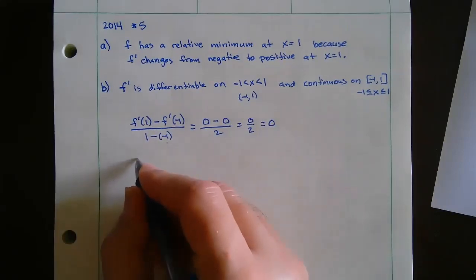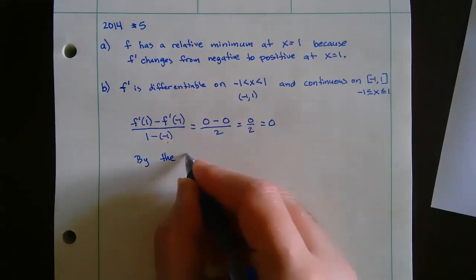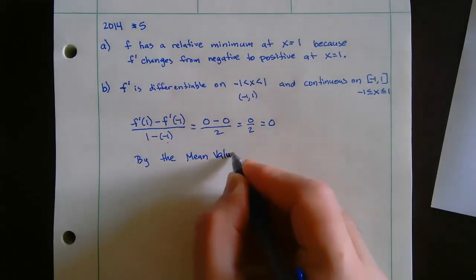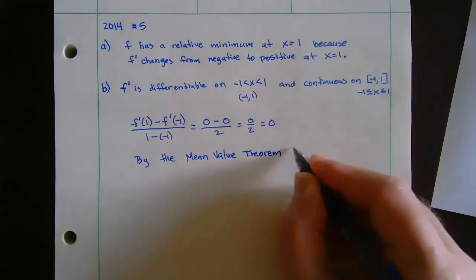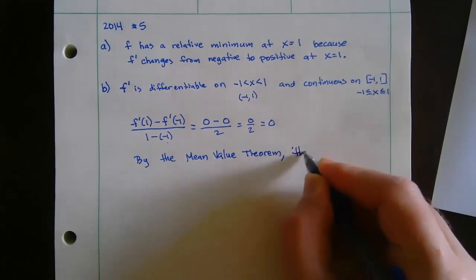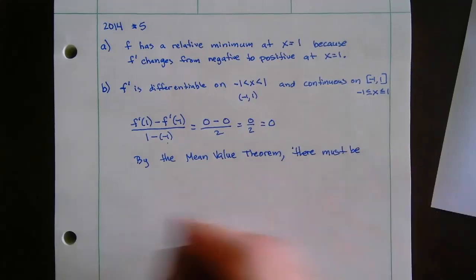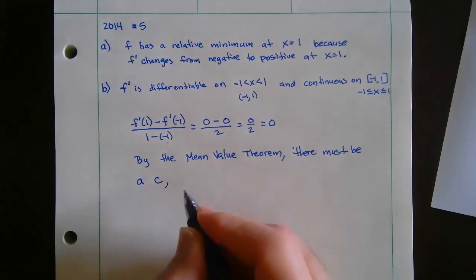And then by the mean value theorem, comma, you don't have to have a comma though, there must be a C, comma, and where is the C?